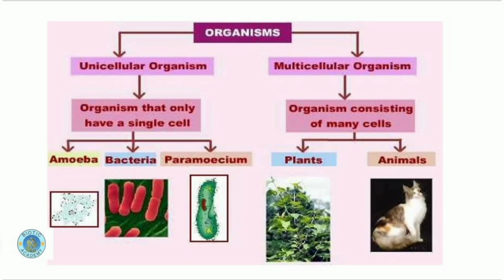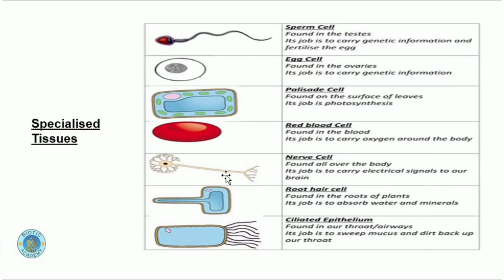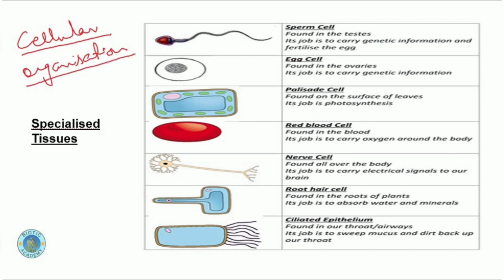So after that, our next topic of the syllabus is specialized tissues, that is cellular organization. As we know that life begins with a single cell, and these single cells, when they join to other cells of the same type, they start making the cellular organization.